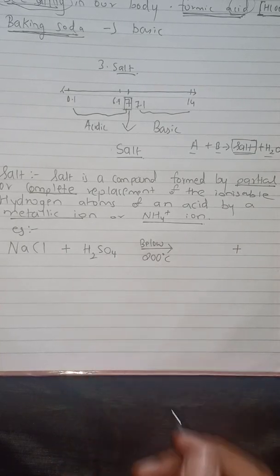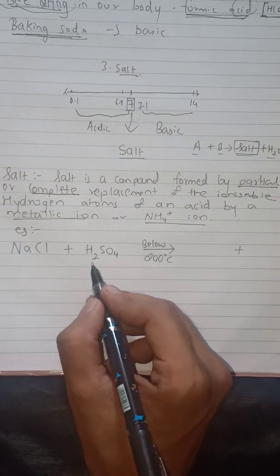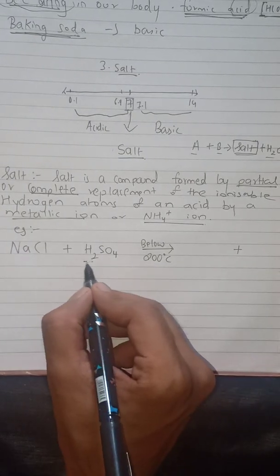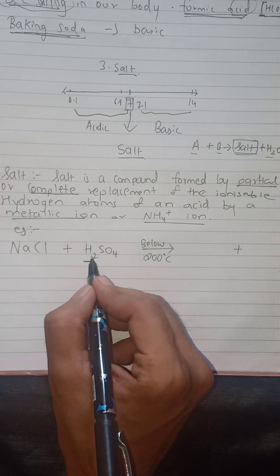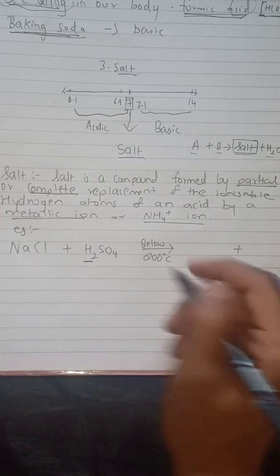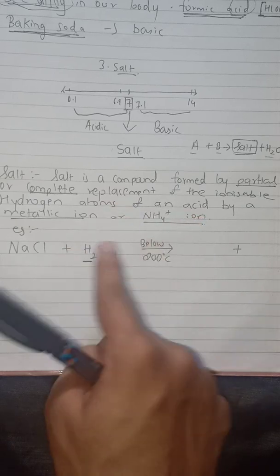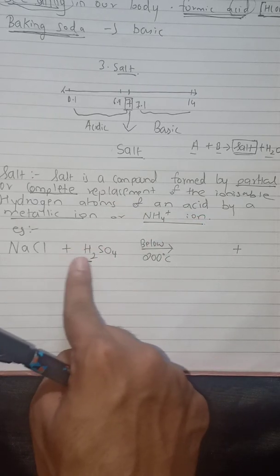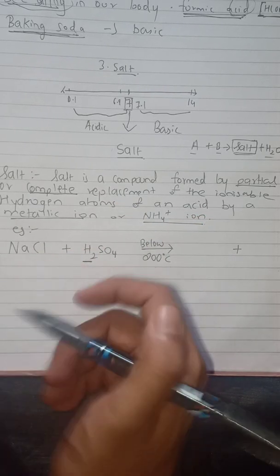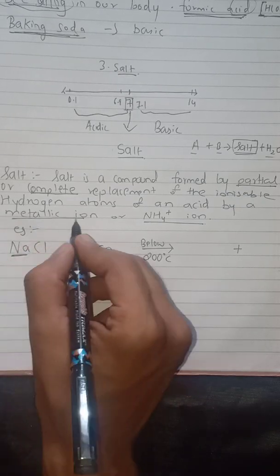There are two hydrogens. One hydrogen would get replaced and one would be left. So this is a metallic ion.